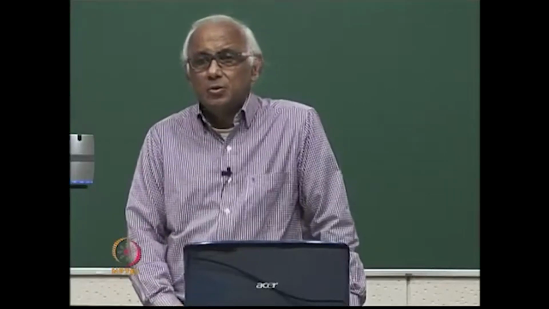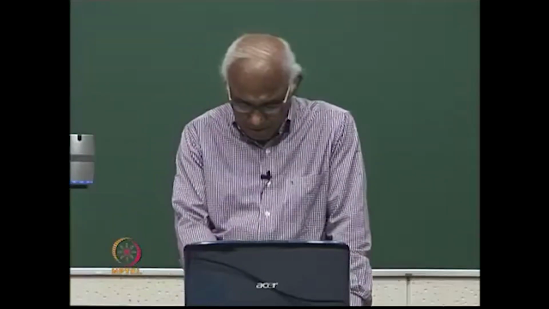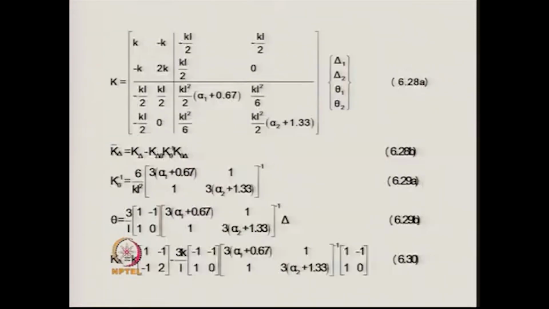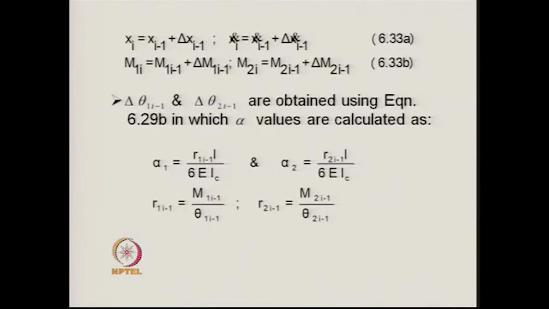Equation 6.29 is nothing but this equation, the equation which relates theta and delta, and there alpha 1 and alpha 2, both are required. So, these alpha values are calculated using this relationship: alpha 1 is equal to r 1 I minus 1 L divided by 6 EIC, and alpha 2 is equal to r 2 I minus 1 L divided by 6 EIC.